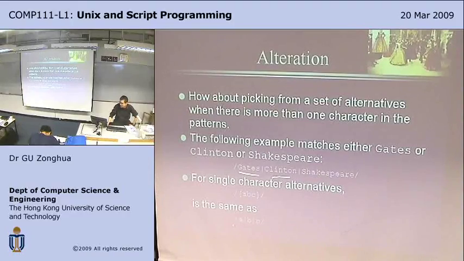So A vertical bar B vertical bar C is the same as square brackets A, B, C. You pick one out of A or B or C. But the vertical bar is more powerful because it allows you to pick among strings instead of just among single characters like in a square bracket.